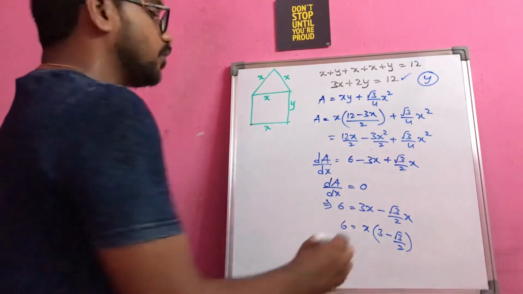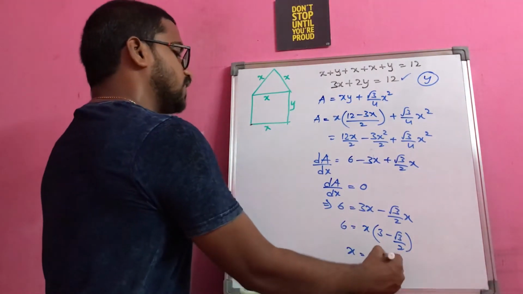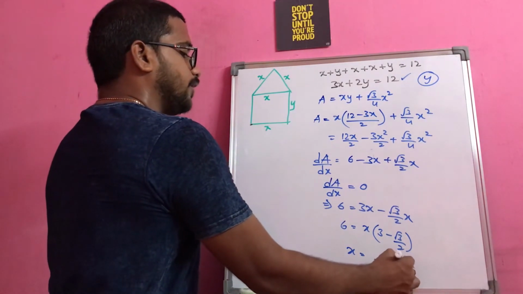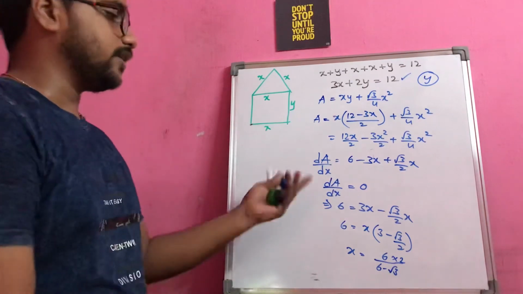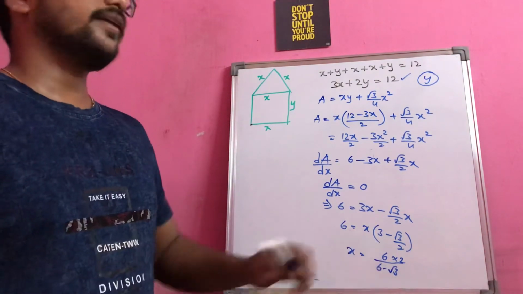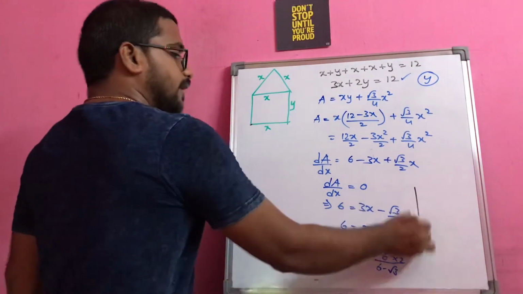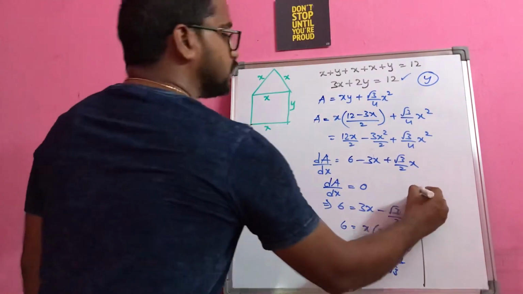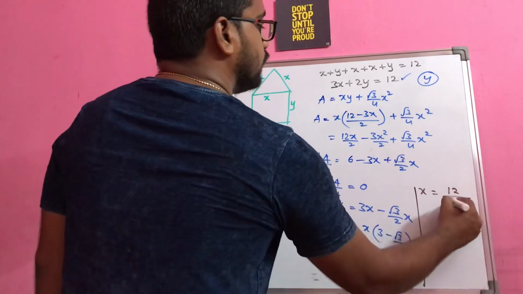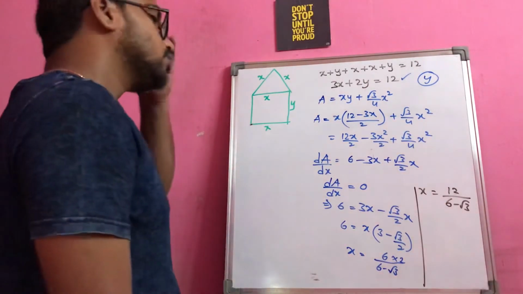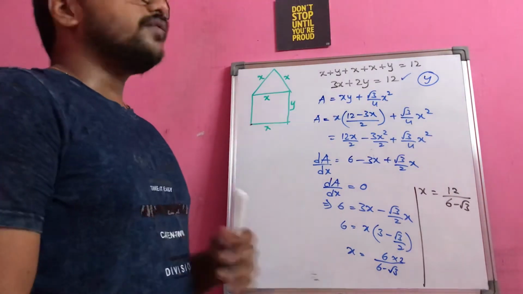So x will become 6 divided by (6 minus root 3) into 2, because if I take LCM and send it to the other side, I will get 12 divided by 6 minus root 3. So the x value is 12 divided by 6 minus root 3, right? So this is fine, we got the value of x.